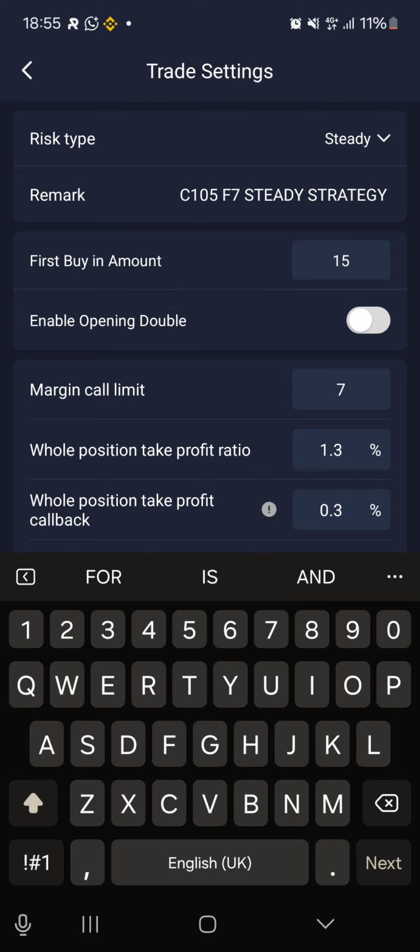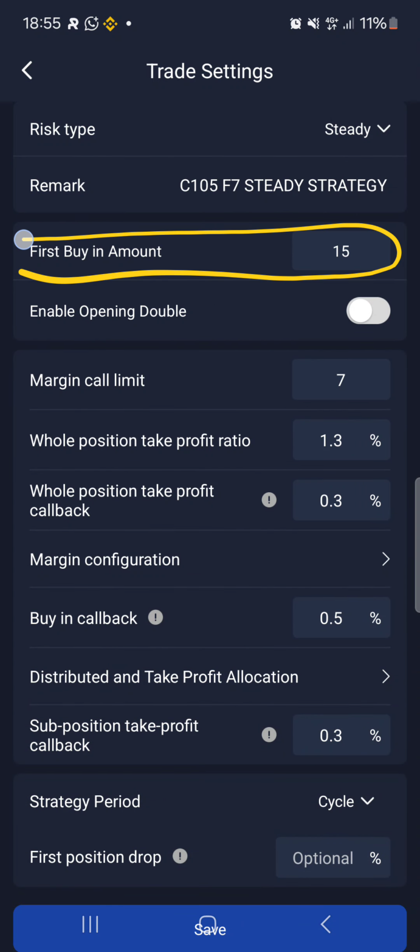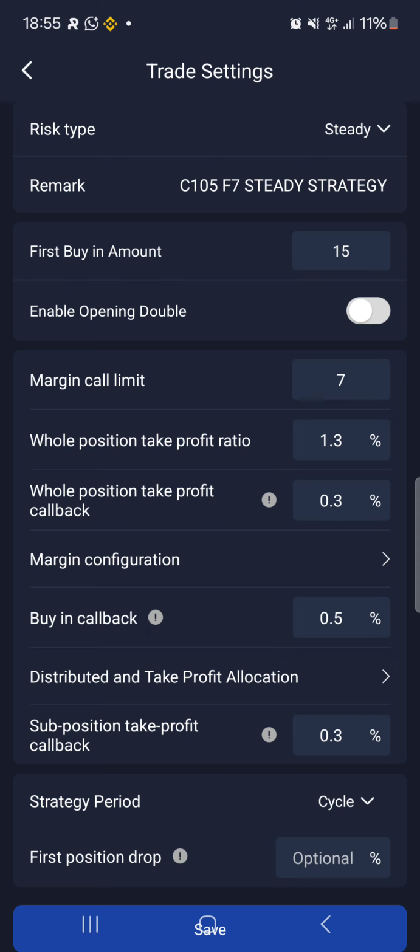Now, question: what is F? What is first buying amount? If this is your first trade, this is the money that the robot is going to use the first time it gets in the market, to ensure that you are not overexposing your capital and you are buying when prices are going down. When the price goes down for the asset, you continue buying more.